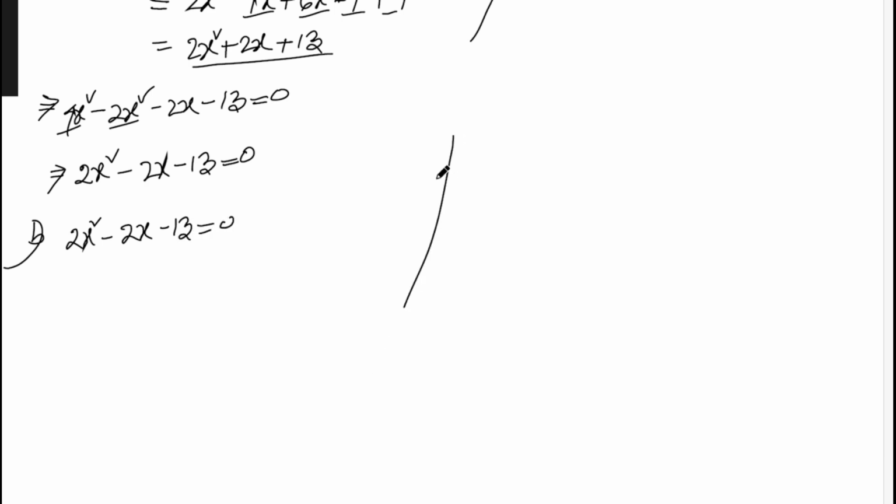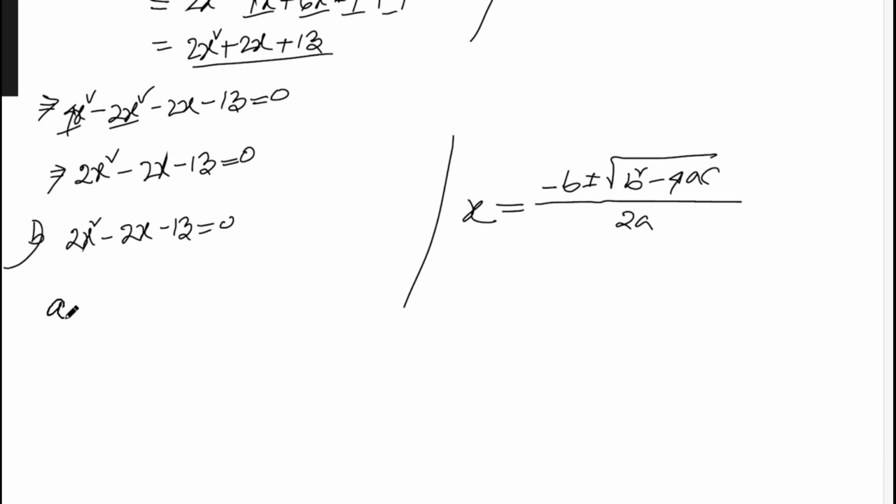So as like before, we know a quadratic equation, that is x is equal to minus b plus minus root over b square minus 4ac over 2a. So here a is equal to 2, b is equal to minus 2, and c is equal to minus 13.